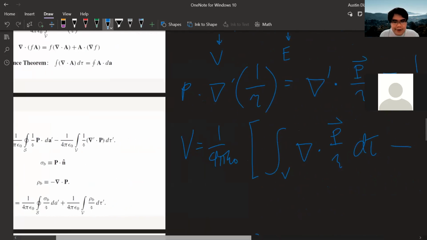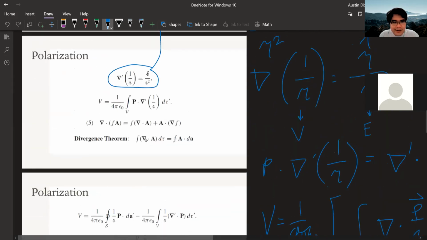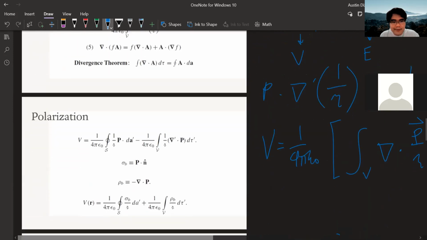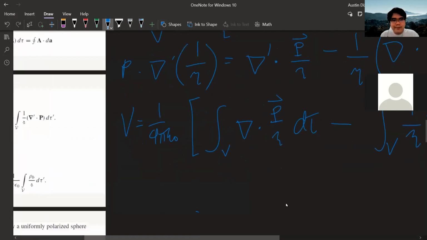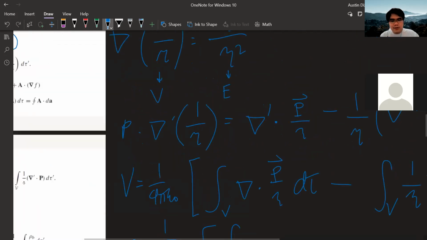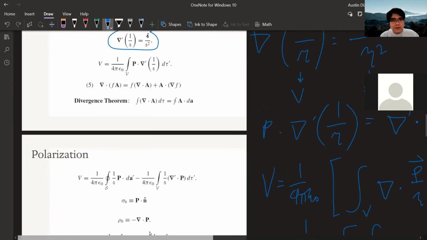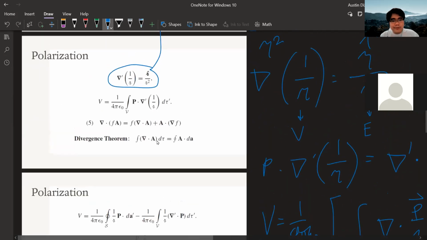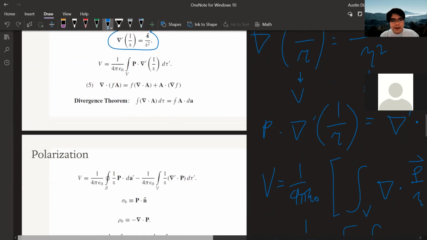I can use the divergence theorem. The divergence theorem is given by this. So basically, magiging surface integral na lang siya. Okay? Surface integral ng A dotted with dA.